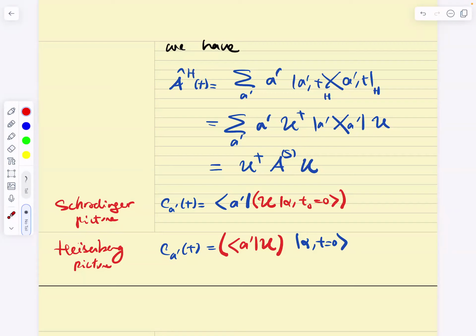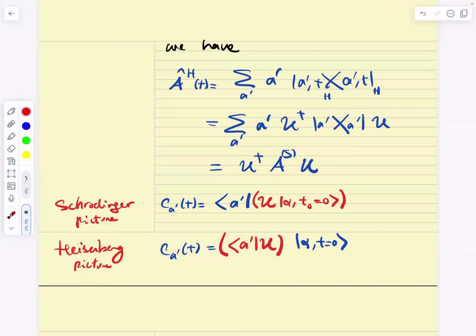Now, we could talk about precisely this object. You could talk about something called a transition amplitude. What is a transition amplitude? Let me write it on the board first. You start with some ket alpha at time t0 equals 0. Everybody's with me?